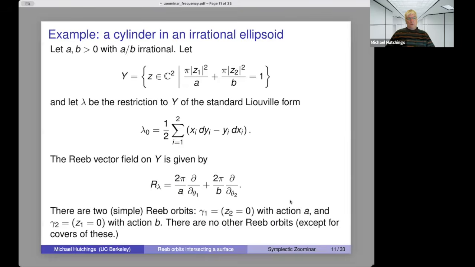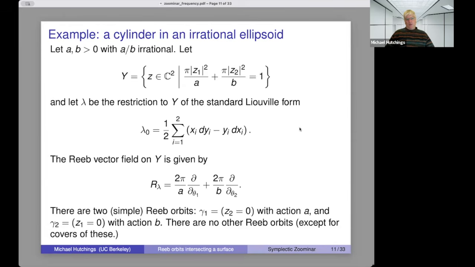So here's an example. Let's consider my favorite example, the irrational ellipsoid. So I take two positive real numbers, a and b, such that their ratio is irrational. And Y is a three-dimensional ellipsoid where pi times the length of z1 squared divided by a plus pi times the length of z2 squared divided by b is equal to 1.